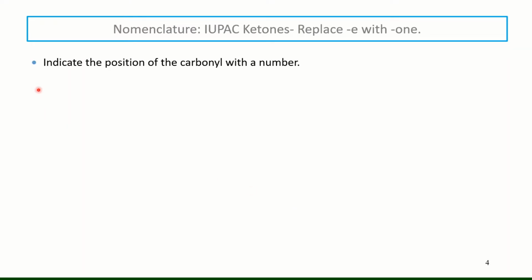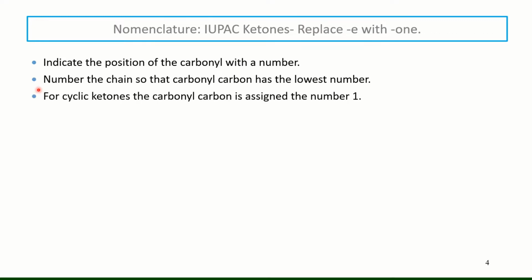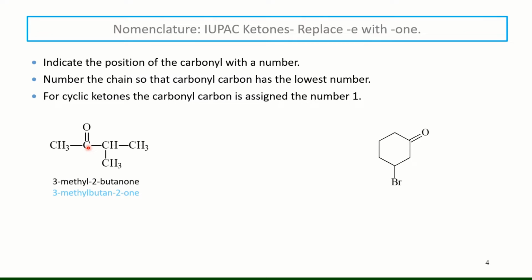But you and I know that the IUPAC is much more precise, and so what we do is go about things like this. You can see that the carbonyl dominates, so of course we have a chain of 4 and the carbonyl is on 2, so of course it's a 2-one. And here, for example, we've got the cyclohexanone, and of course the bromine would therefore be on 3.